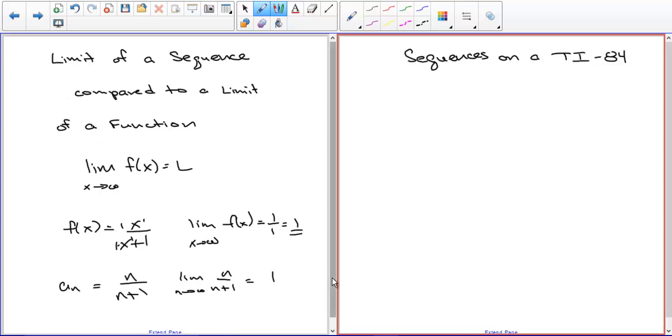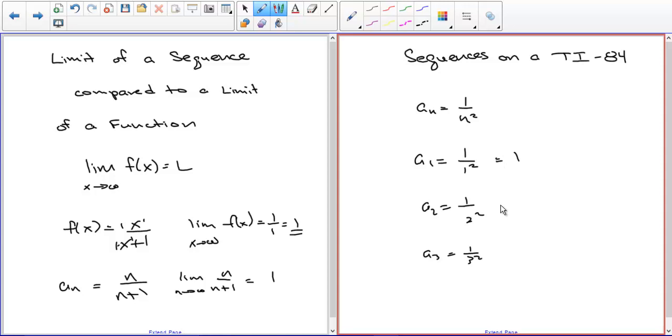Let me just do one more example here. If I said a sub n is equal to 1 over n squared, then a sub 1 would be equal to 1 over 1 squared, a sub 2 would be equal to 1 over 2 squared, a sub 3 would be equal to 1 over 3 squared.